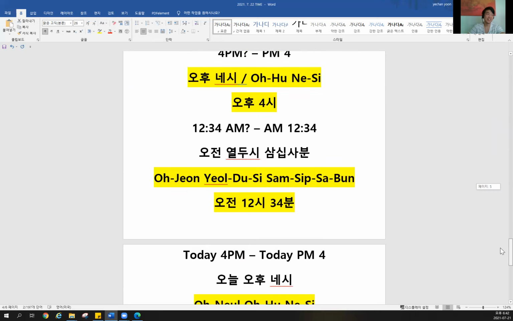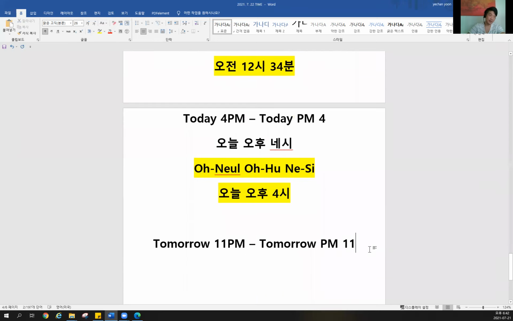And PM is 오후. And 11 is 열하나, changing form 11시. So it's going to be 내일 오후 11시.